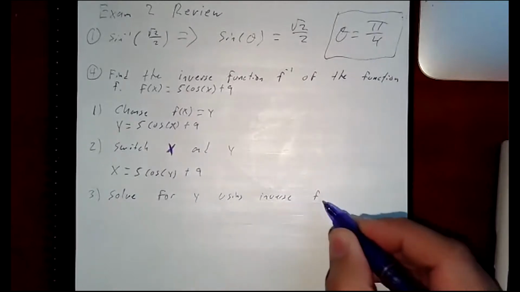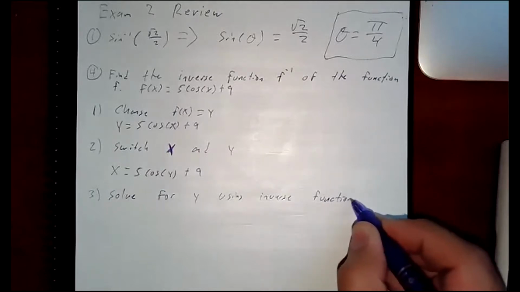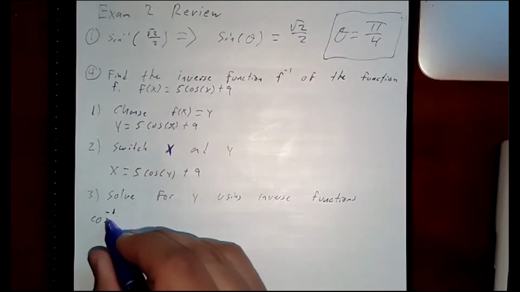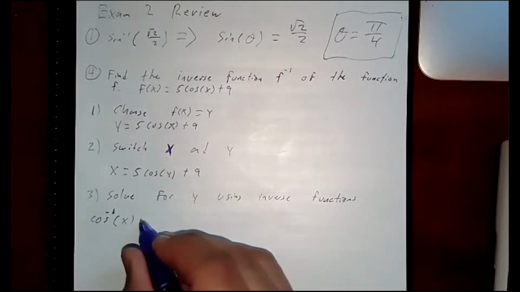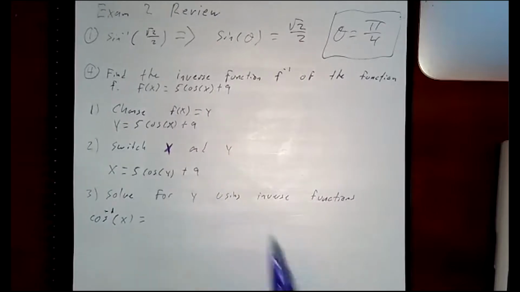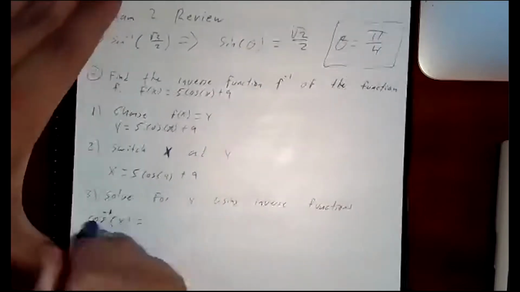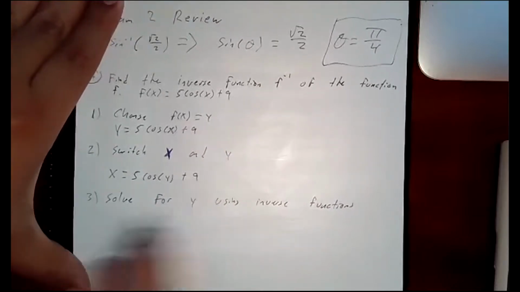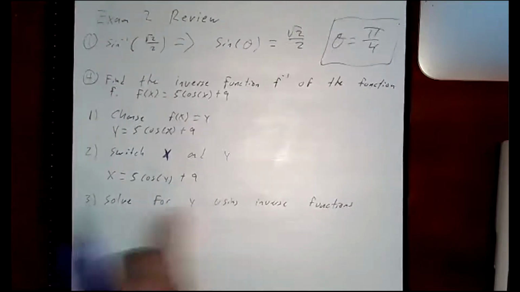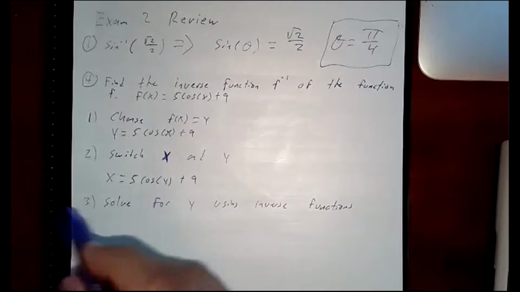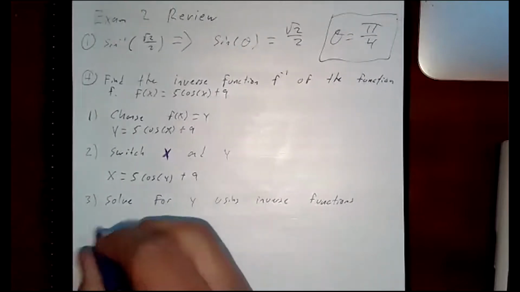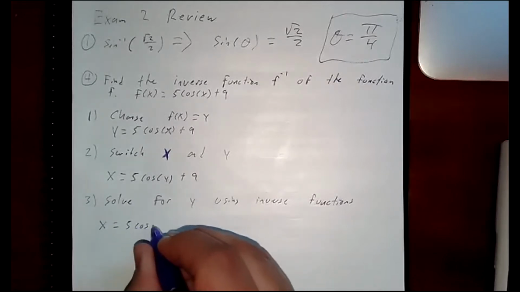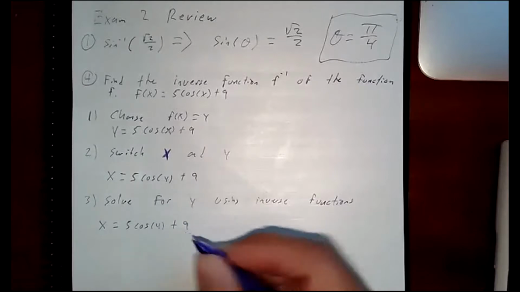So we do cosine inverse of both sides. Oh, actually, sorry, not yet. Getting ahead of myself. First, you isolate cosine, and then you introduce inverse. You cannot just do it right away. So we're starting right here. So I'm going to subtract the 9.